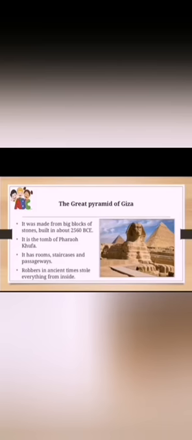And it was made from big blocks of stone about 2560 BCE. And ancient Egyptians believed it to be the tomb of Pharaoh Khufu. It has rooms, staircases, and passageways. But robbers in ancient times stole everything from inside.